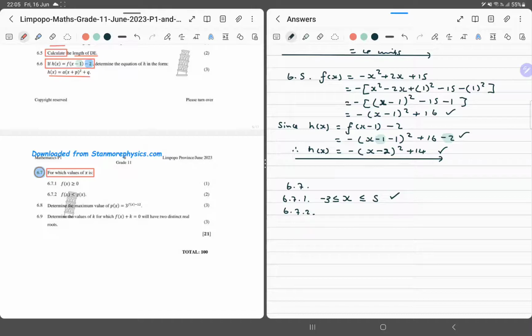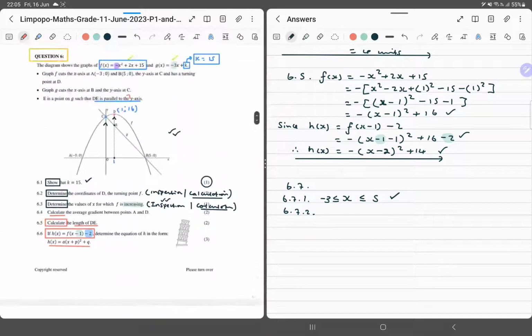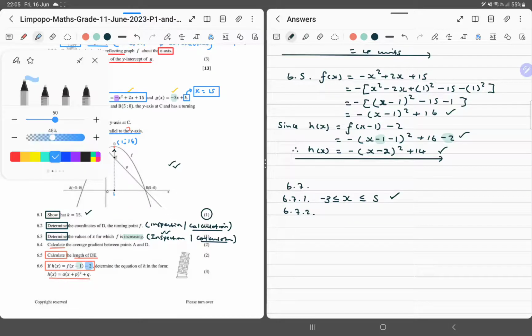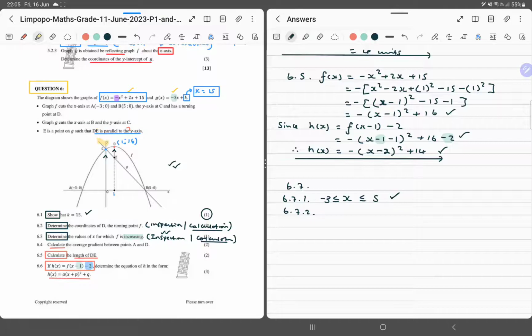6.7.2. It says now, when is the graph of f of x less than the graph of g? Meaning, the graph of f must be below the graph of g. So where do we see that? First of all, if you focus on this segment right here, let's use this color so that we can see.